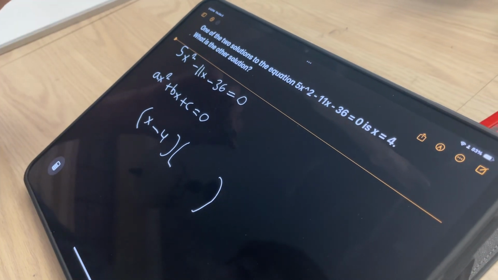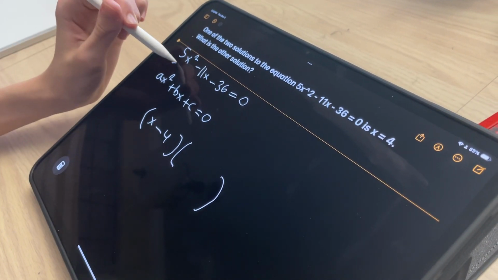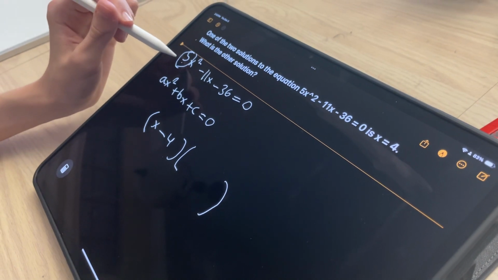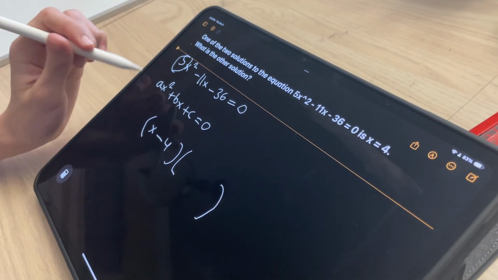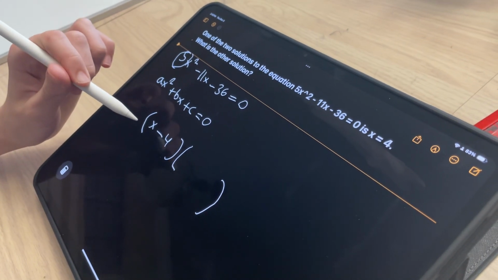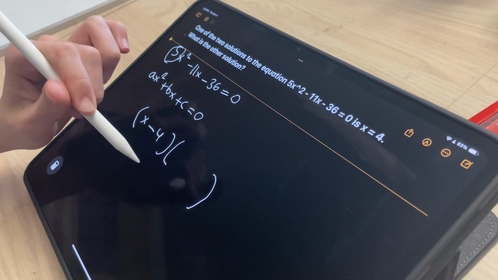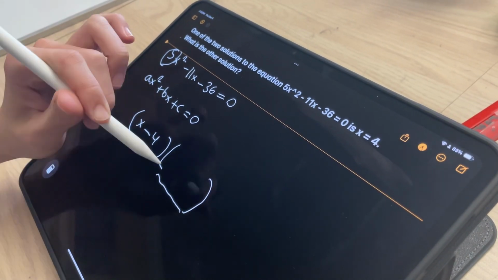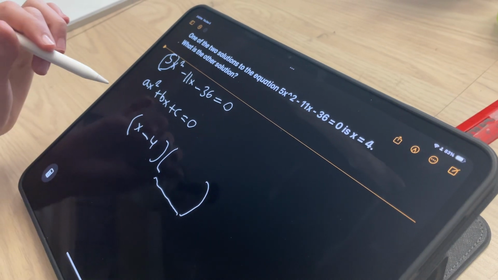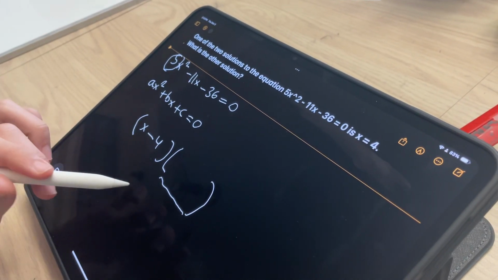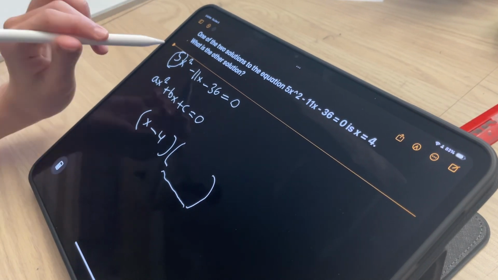We begin by noticing the coefficient of our x squared term. It's 5 in this case. So we need to find what we need to multiply x by to get 5x squared. This is our blank, a mystery we're trying to fill in. What do we need to multiply by x to get to 5x squared?